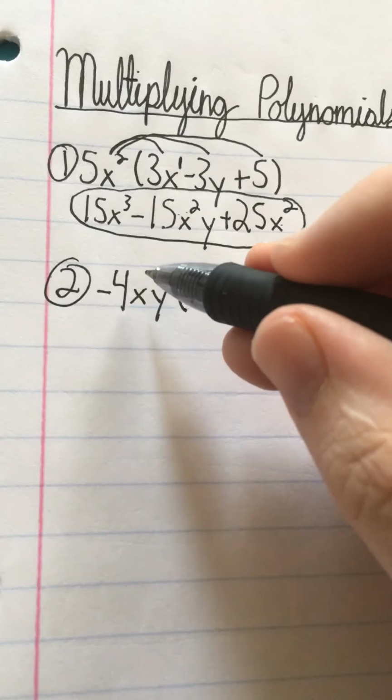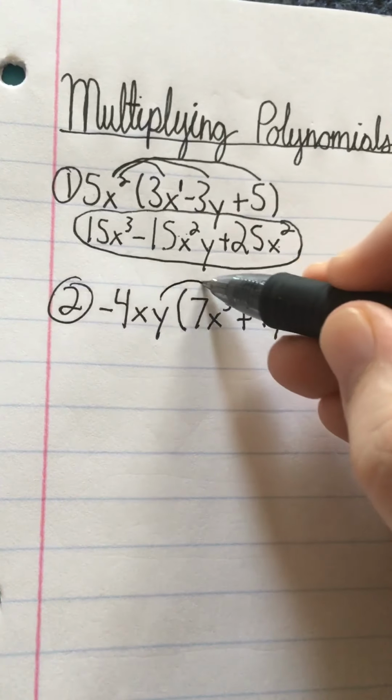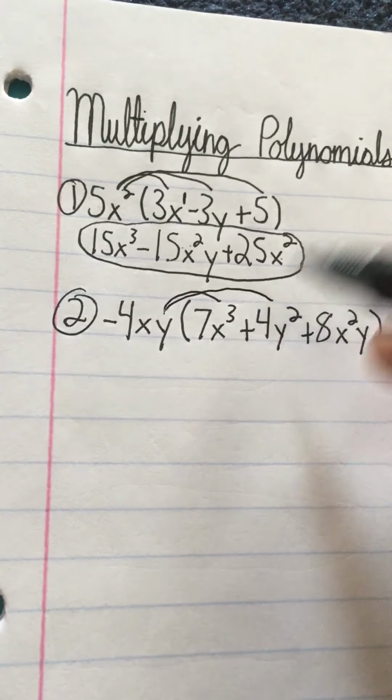And again, we're going to distribute this negative 4xy to each of the terms within the parentheses.